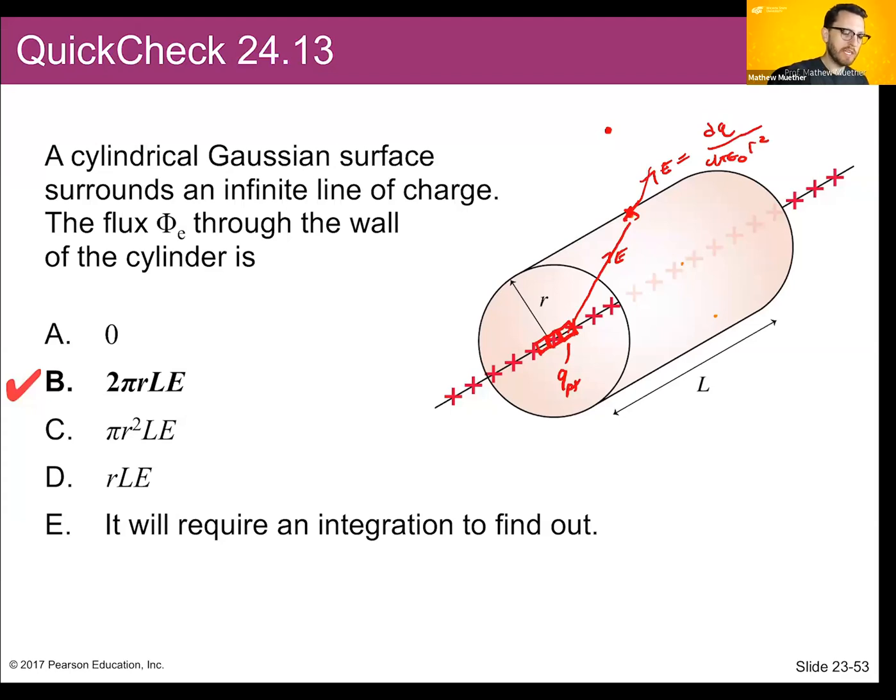And at each position, I'm going to get a different electric field value coming from each of these underlying point charges. The total electric field would be the integral of the electric field from all of those little point charge contributions.